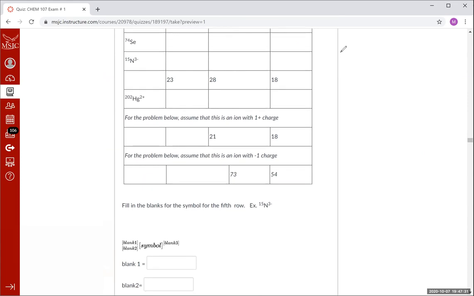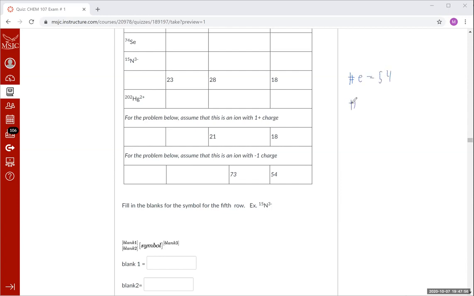In this case, we're asked to assume that we have an ion with a -1 charge. Okay, so with that information in mind, just like before, we know that our number of electrons is 54.